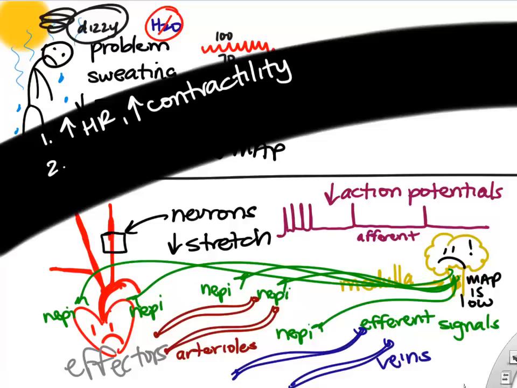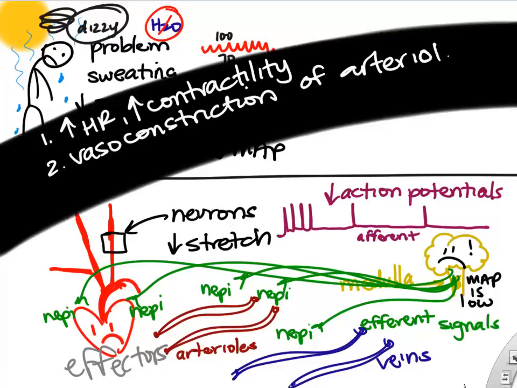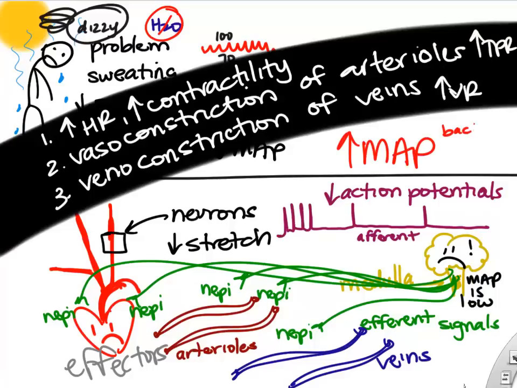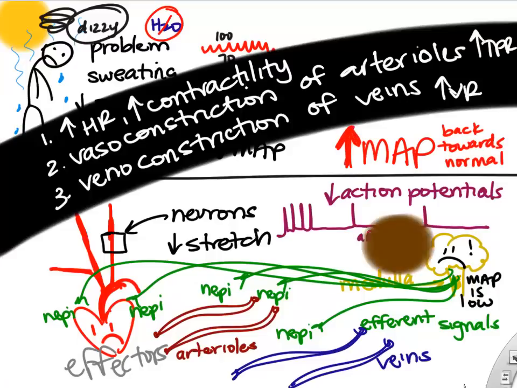The heart will speed up and contract harder. We will vasoconstrict our arterioles, which helps bring our TPR up. We'll also constrict those veins, which will help our venous return. All of these things will help bring our blood pressure back up, either through TPR or through cardiac output. And hopefully it'll get our MAP, our mean arterial blood pressure, back up to normal.